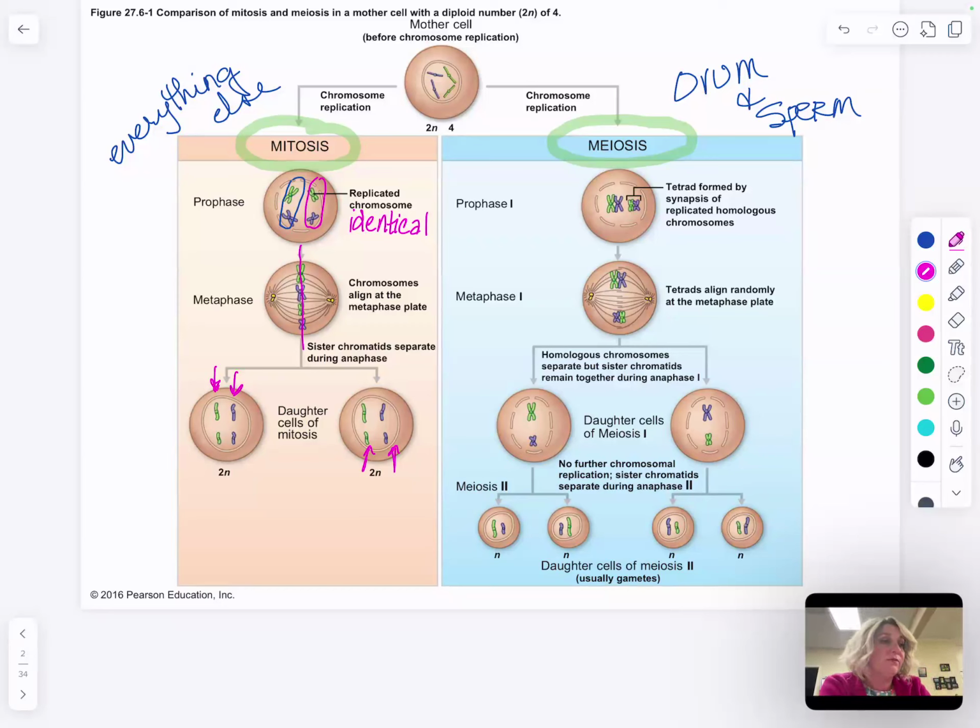They're identical though. So the daughter cells of the original cell are all identical.